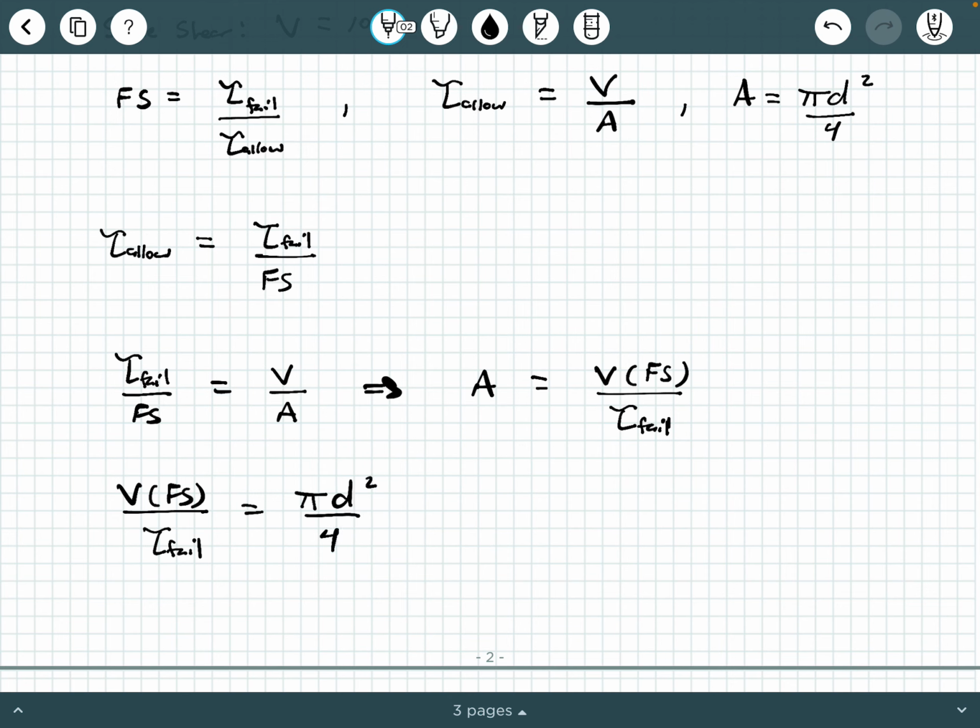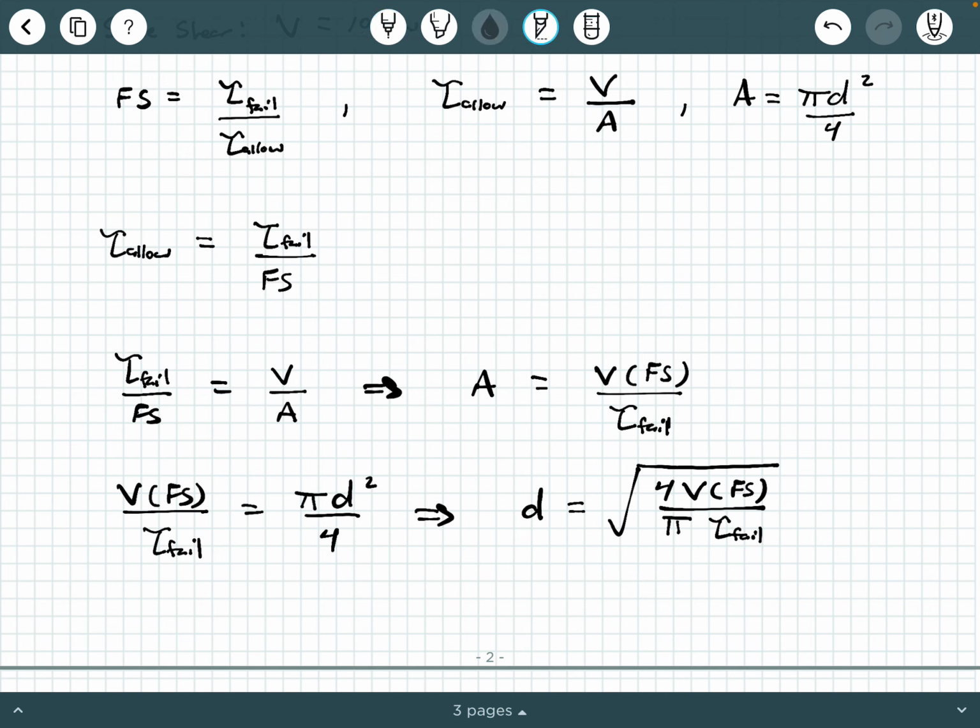Now what do? Well, I finally just solve for the diameter here. I can do that by saying diameter equals the square root of 4 times V times the factor of safety divided by pi times tau fail.